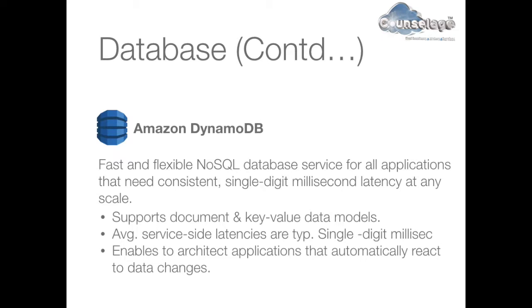That's the basic distinction between RDS and DynamoDB. It is a fully managed database and supports both document and key value data models, giving you the flexibility to design the best architecture that is optimal for your application.